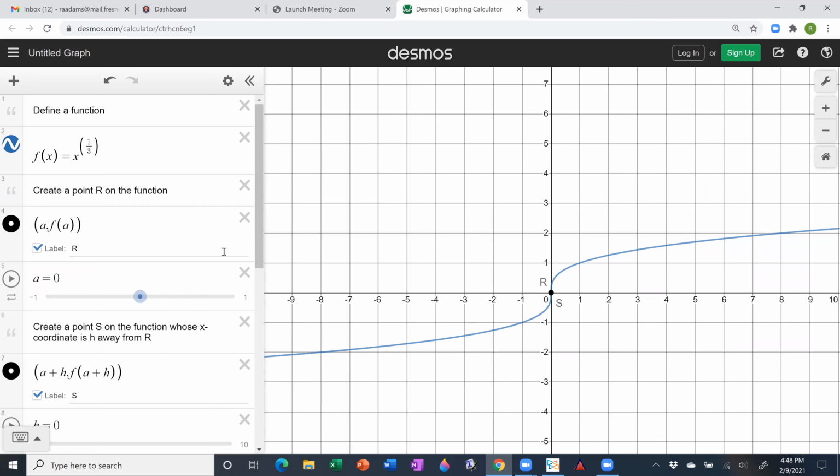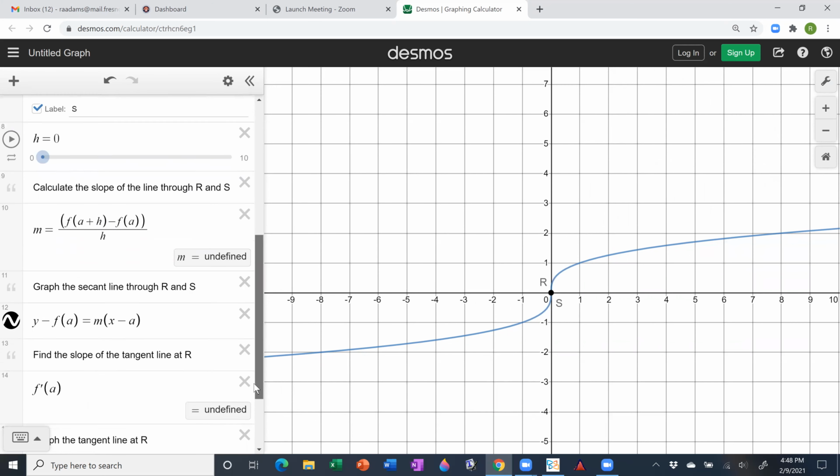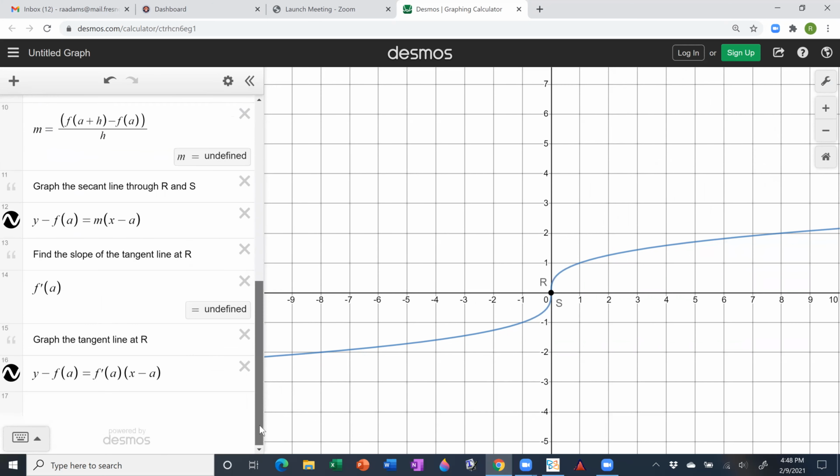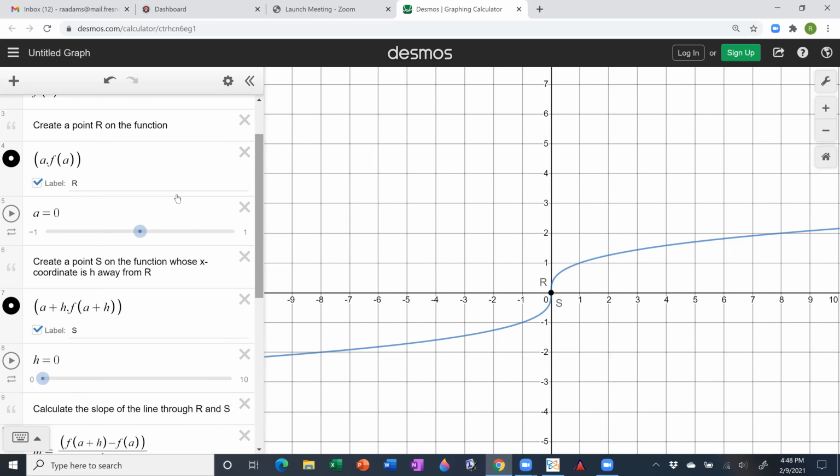Desmos is even telling me everything's undefined, even the derivative itself, because we've got that vertical tangent line. So anytime you've got a vertical tangent line, that's going to give you undefined right at that moment. Good visual aid.